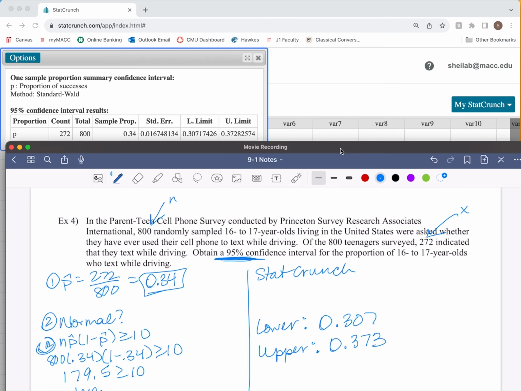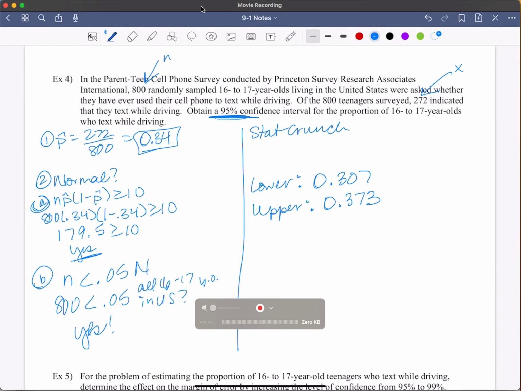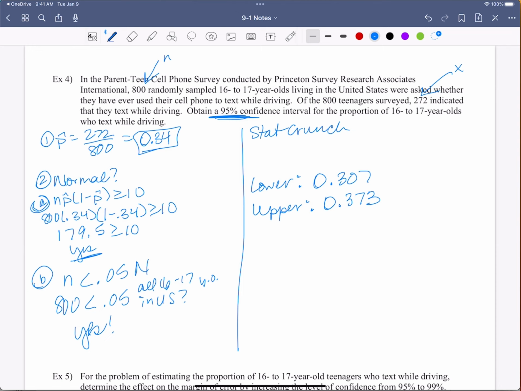Okay, so in StatCrunch, I want to write our steps out here just so that we can make sure we're good with it. So let me pull this up here, StatCrunch. We're going to do Stat, Proportion, and then One Sample.